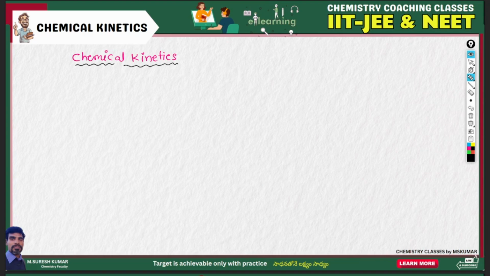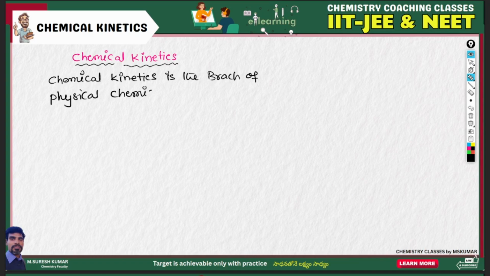Chemical kinetics is the branch of physical chemistry which deals with the rate of reaction.